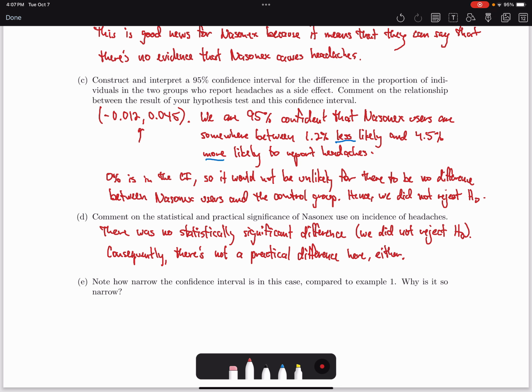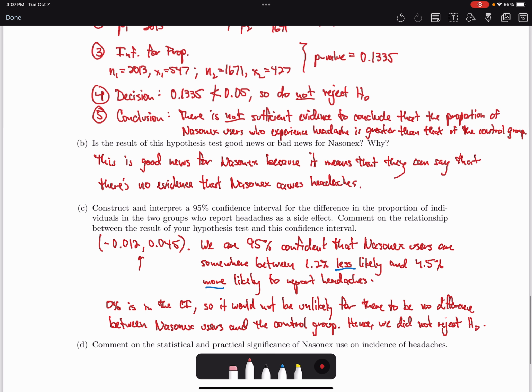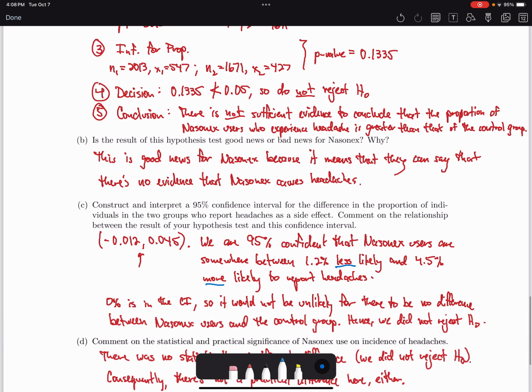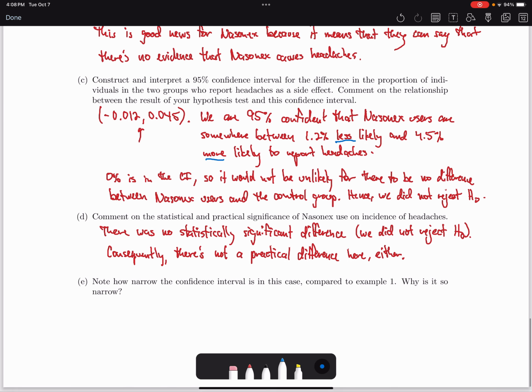I suppose what we could do is look at, well, let's just pretend that we had rejected the null hypothesis, right? If we had rejected the null hypothesis, then just looking at the difference here, it seems like there's maybe a 2% difference in the headache rate. That doesn't seem very substantial. So even if we had rejected the null hypothesis, I would still say there's not like a huge practical difference.